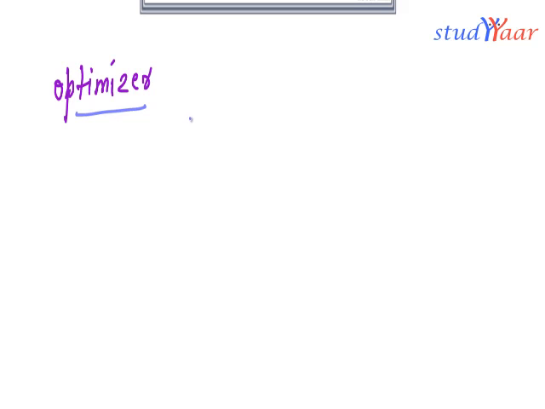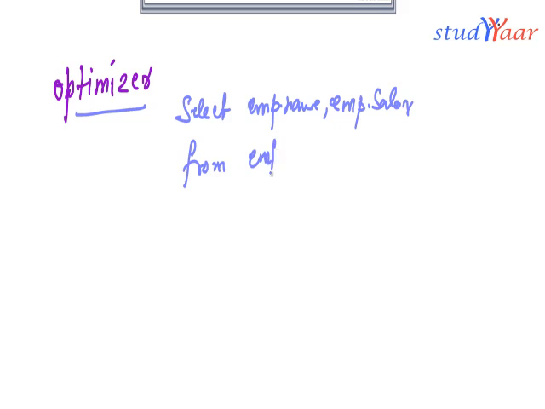My SQL expression would be: select employee dot name, comma, employee dot salary from the employee table where salary is greater than 50,000.